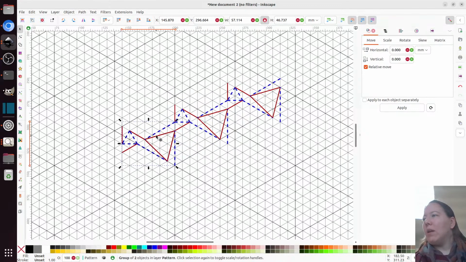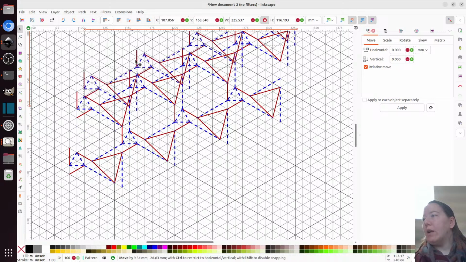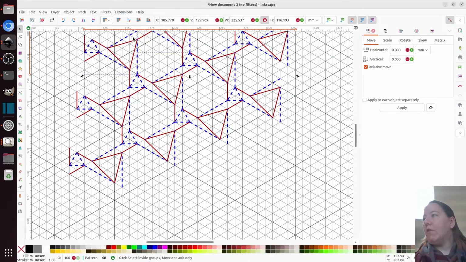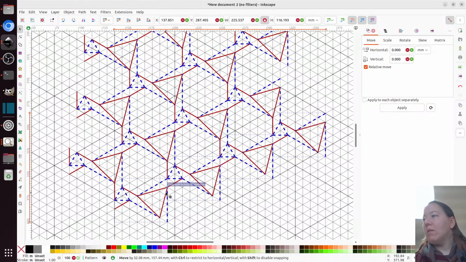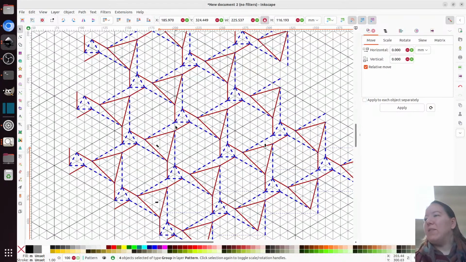And then I can start copying out, and I can say this pattern is going to repeat forever. So I've got my loop of 6. I have my 2 triangles that are alternating, and that is a pattern that'll repeat forever.